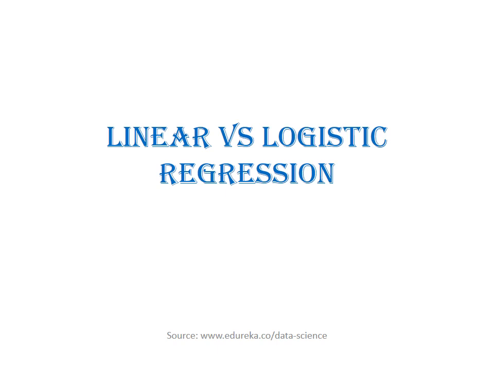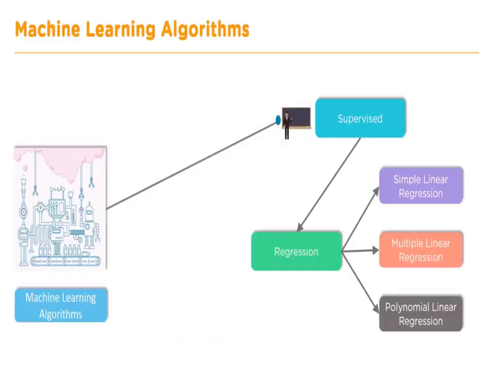Hello students. As a part of the machine learning lecture series, today we are going to discuss what is linear regression and what is logistic regression. We have seen in machine learning there are three types of learning algorithms: one is supervised learning, the second is unsupervised learning, and the third is reinforcement learning.